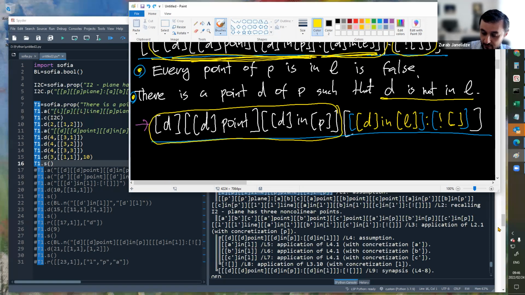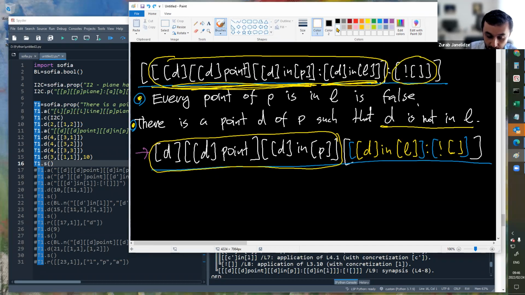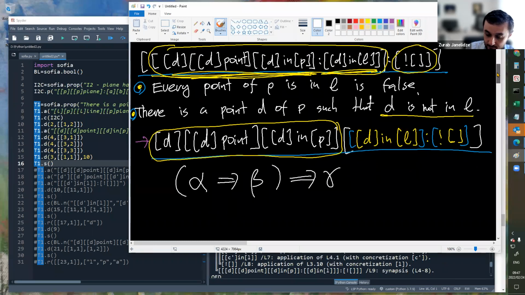I can also write this out in usual mathematical symbolism. So think of existence of D being a point lying on P as some single statement alpha. Then I have alpha implies beta, think of this whole thing as beta, and then think of falsity as gamma. Whereas here, we're saying the same alpha on this side, and this is the mathematical symbol for and, beta implies gamma.